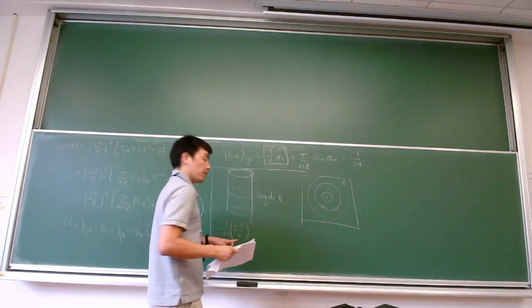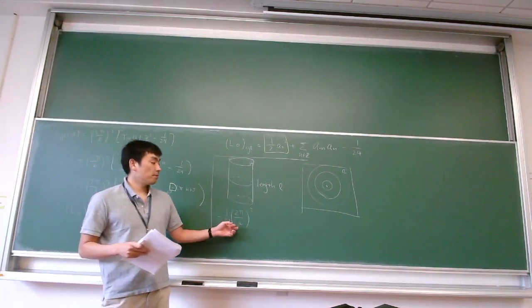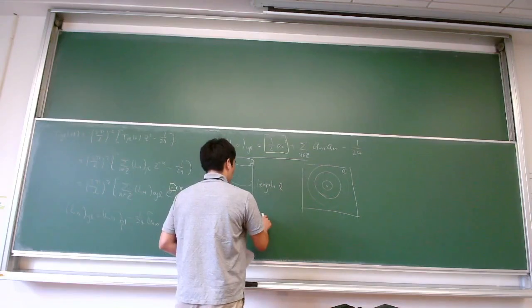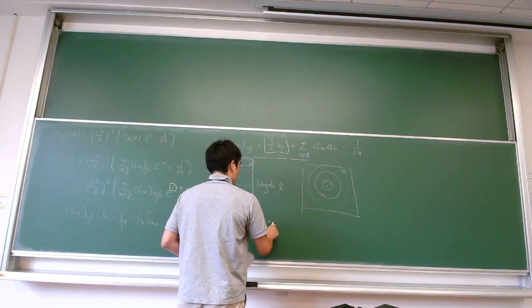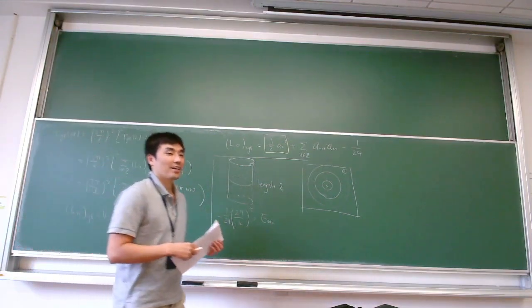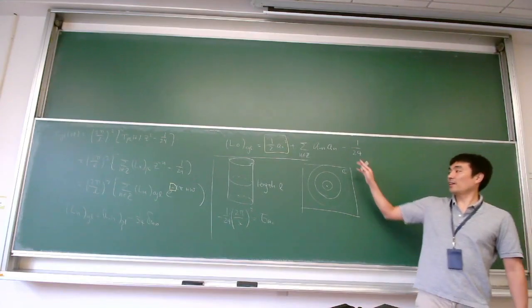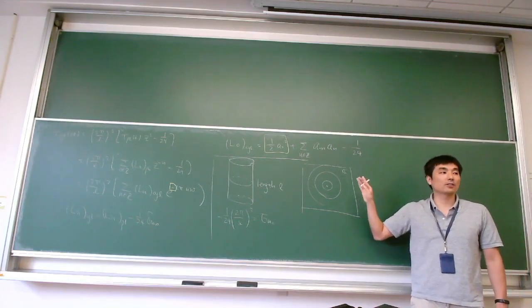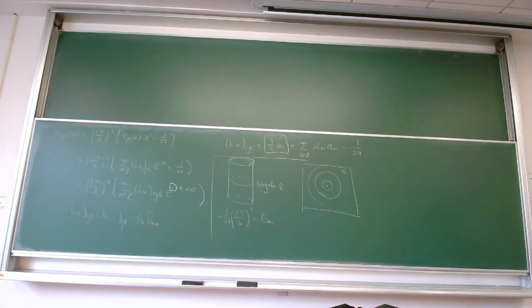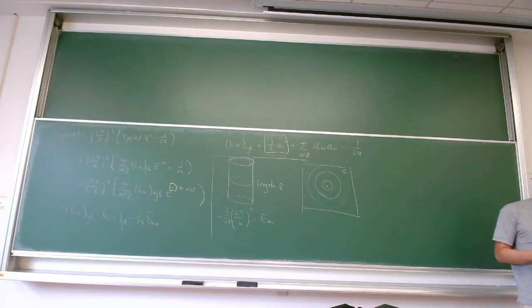So you have a definite length here. Since this has a definite length, you can define the vacuum energy. Okay. So this is what I couldn't answer last time. So here, the radius is not well defined, while here the circumference is well defined. Okay.